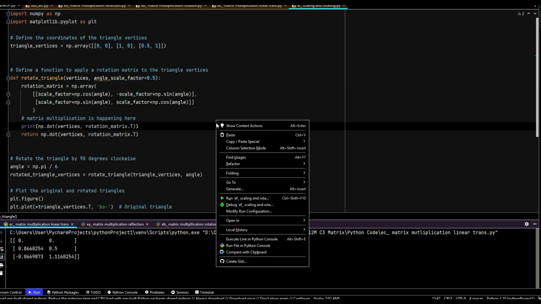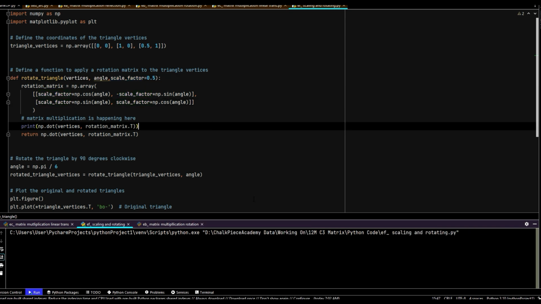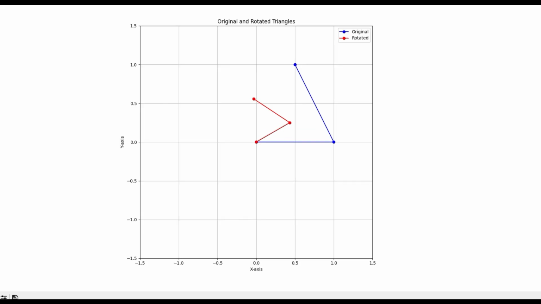Okay, so let me run this code. This is our output. Let me compare that with the original one. So can you see the difference? The rotation remains the same. So what is changing is, yes, the scaling. Can you see that? Right?